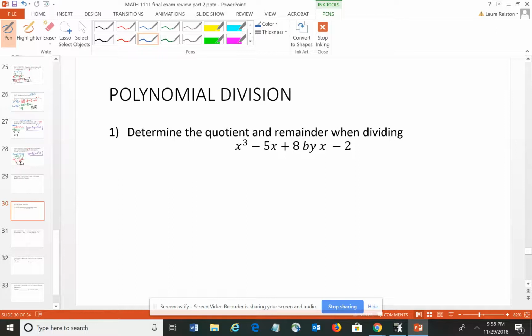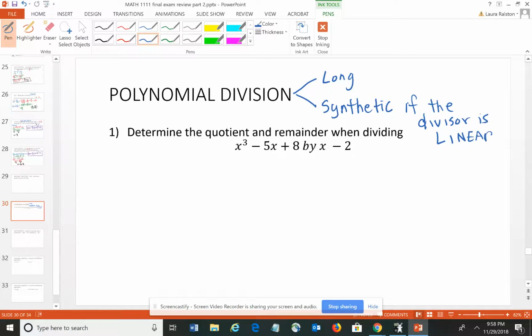Remember, there's two methods to do division. You can use the long division method, or you can use synthetic division. But you can only use synthetic division if the divisor is what we call linear. In other words, it doesn't have an exponent on the x.